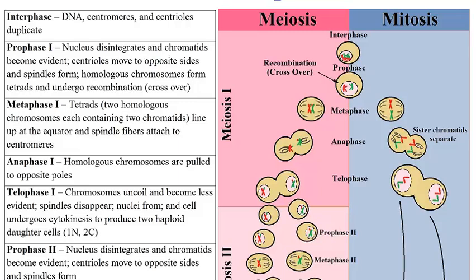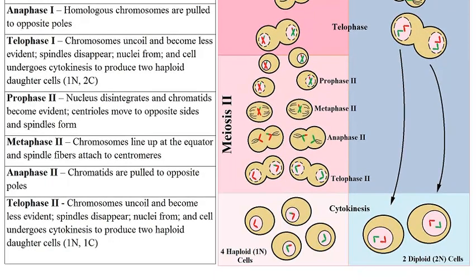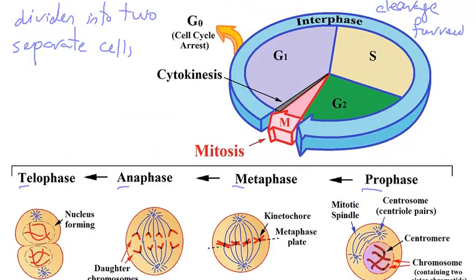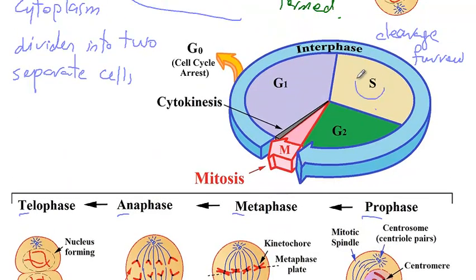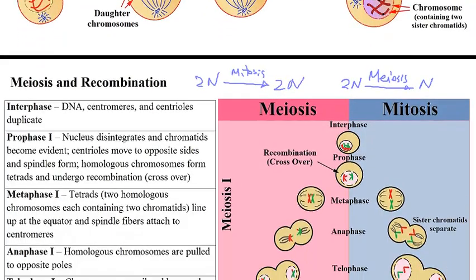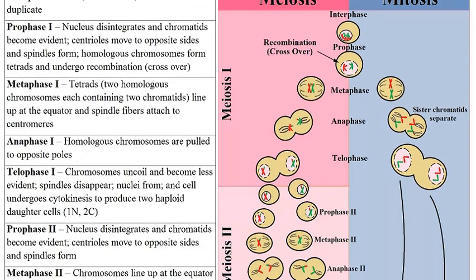And then in meiosis 2, again, cells go through another set of prophase, metaphase, anaphase, and telophase. So if you think of it, DNA during meiosis is replicated only once, but we have two divisions. Here we have the first division, and then in meiosis 2 we have the second division.